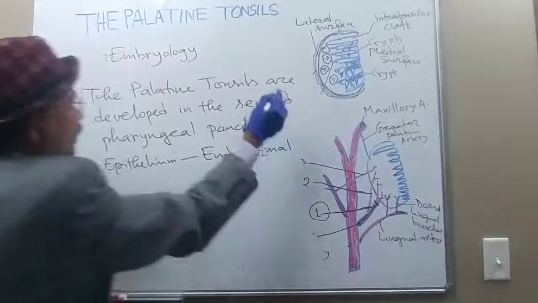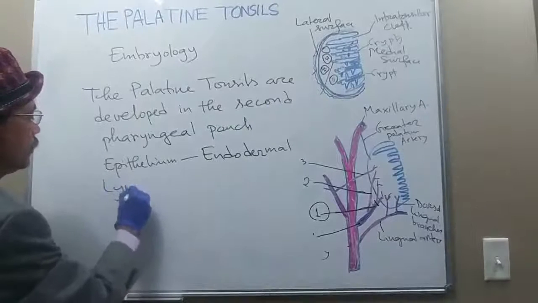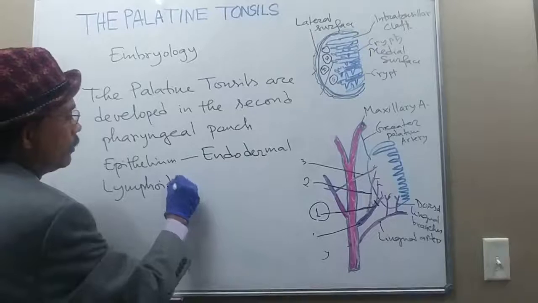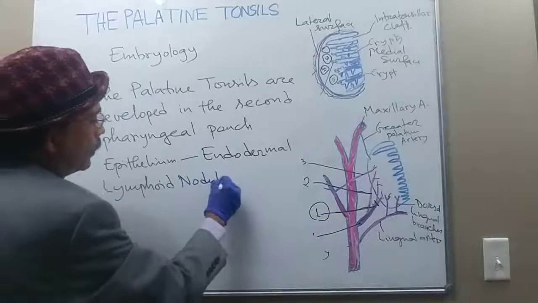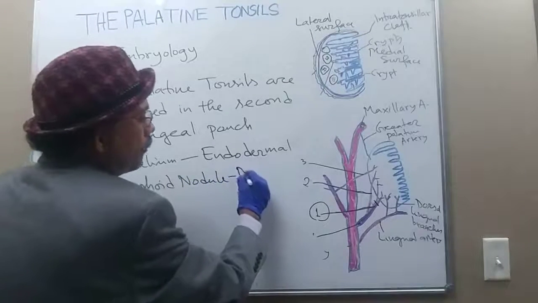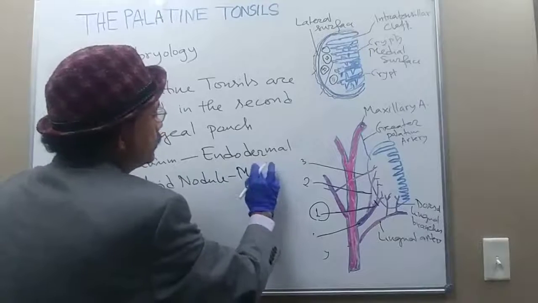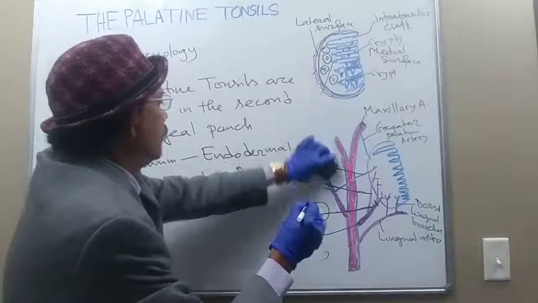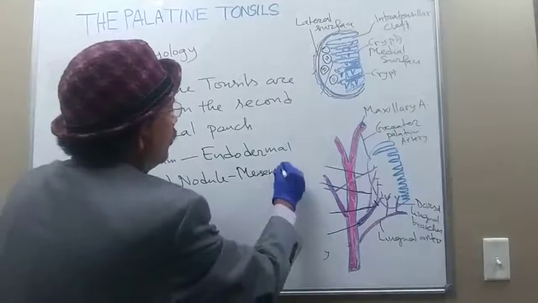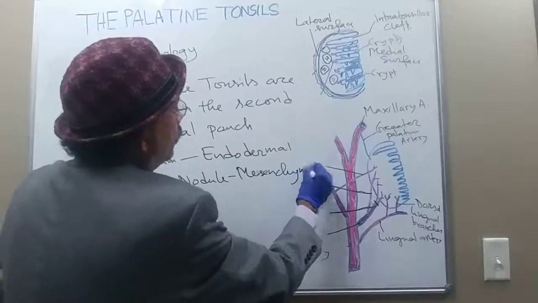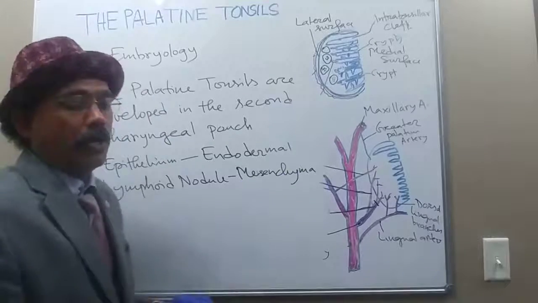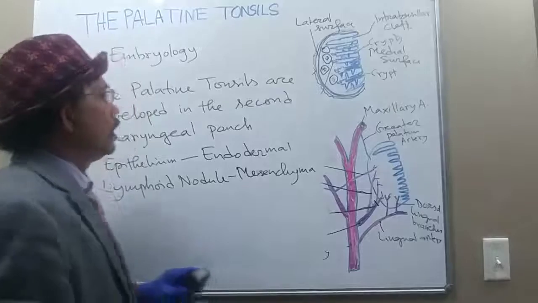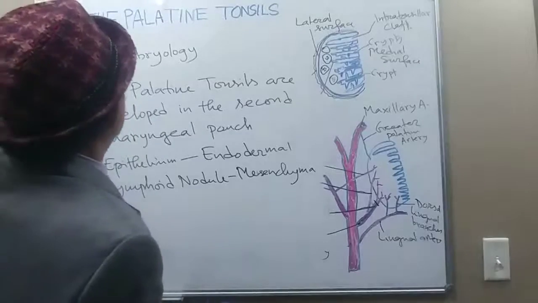The lymphoid tissue or nodule is mesenchymal. What is mesenchyma? Mesenchyma is the embryonic form of connective tissue. Okay, we got the development of the tonsil.